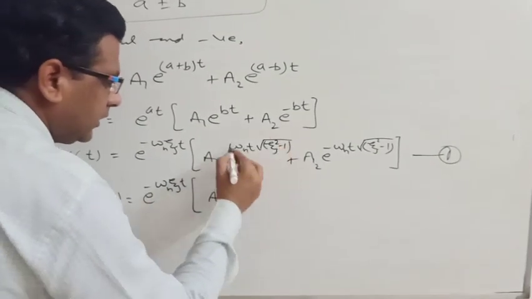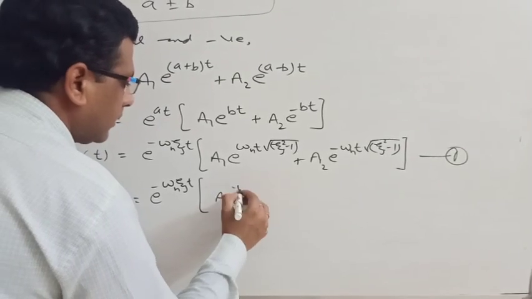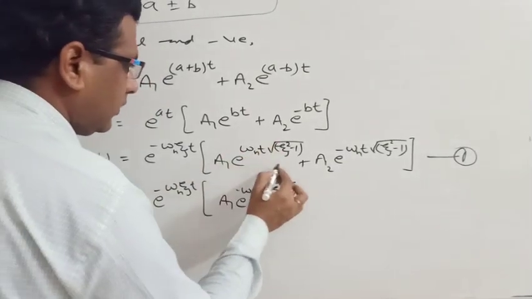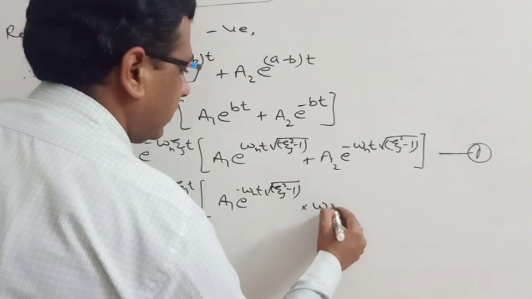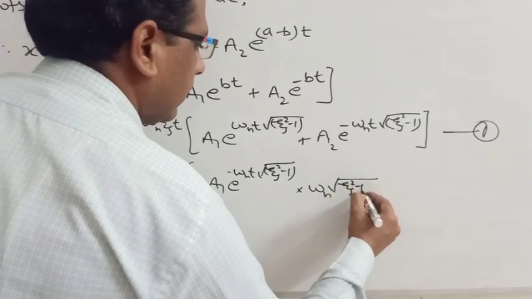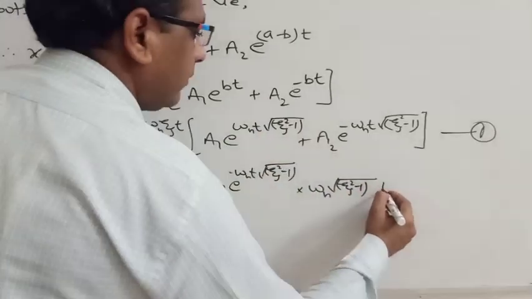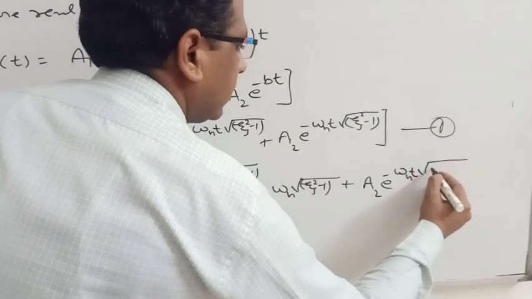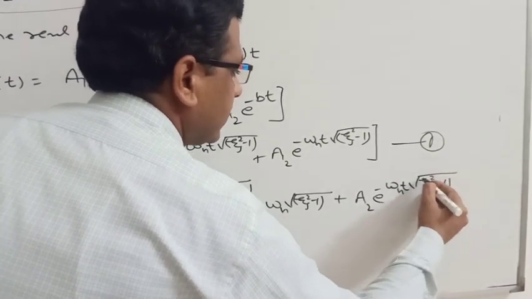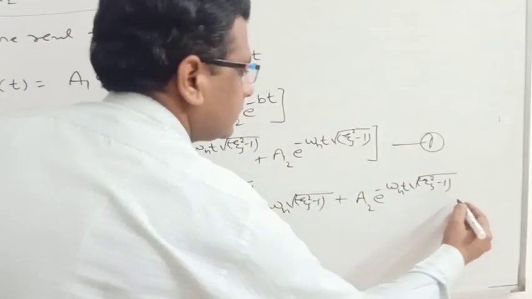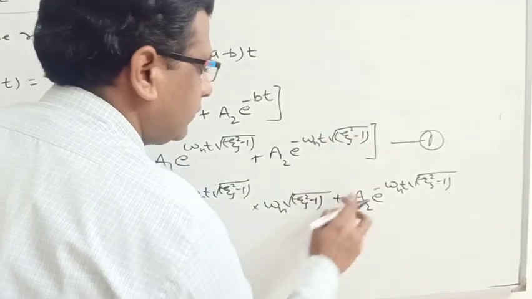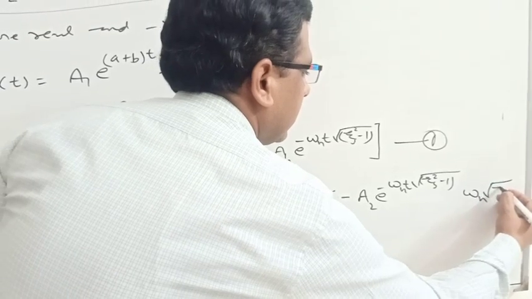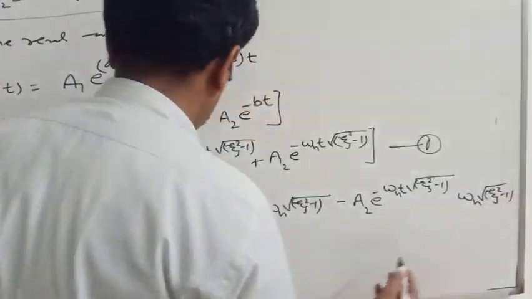Then A1 constant, minus 1, then omega n into under root of zeta square minus 1, then plus A2 as it is, omega n under root of zeta square minus 1, and then minus omega n under root of zeta square minus 1, that's why this is equal to minus, and we can write down omega n in this fashion.